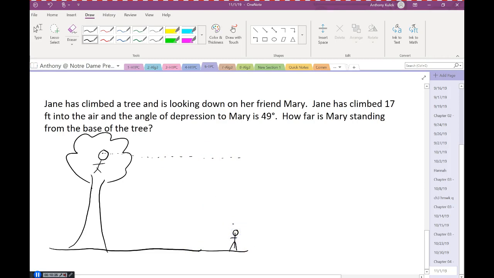And down on the ground is her friend Mary. That's not very good. So we're told that this angle of depression is 49 degrees. We're told the height of the tree is 17 feet.